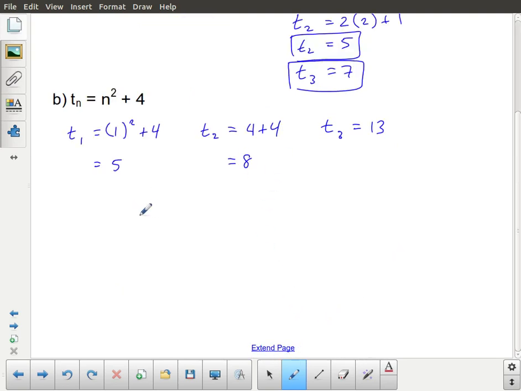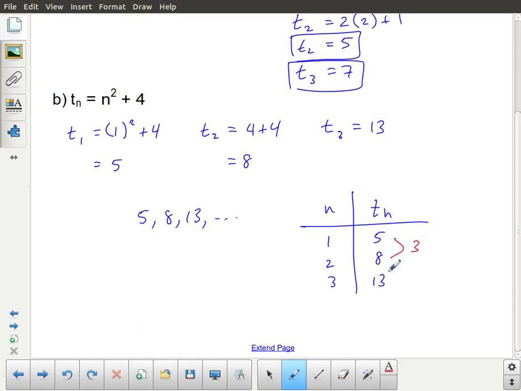Now if I showed you this sequence 5, 8, 13, you might have a hard time knowing what to do with that to start. But if we wrote it out, n and tn, 1, 2, 3, 5, 8, 13, and then went ahead and did our differences.